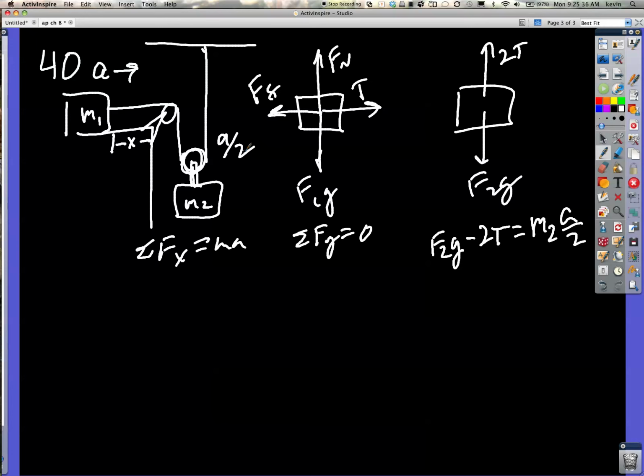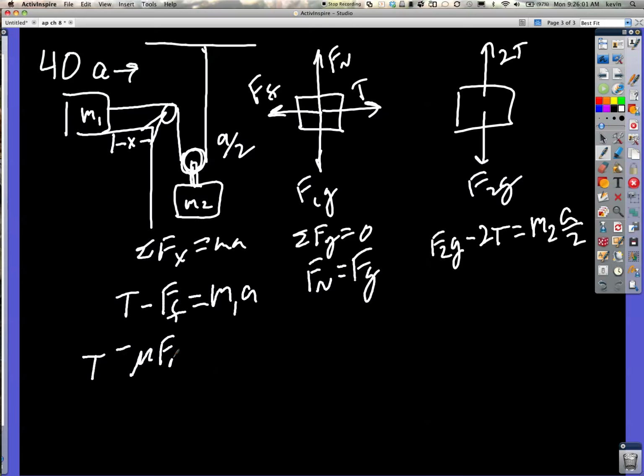Okay, and then from this, I get T minus F sub F is equal to M1A. Sorry, I should do this the right way so people don't get confused. Over here, we get F sub n is equal to F sub g. So we get T minus mu F sub n equals M1A, or T minus mu M1g equals M1A.